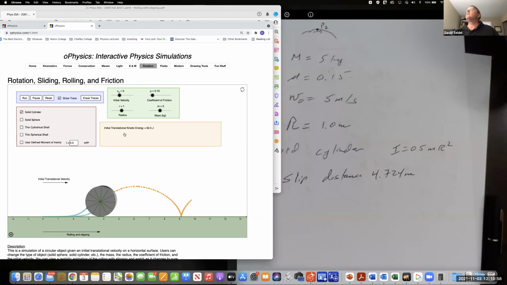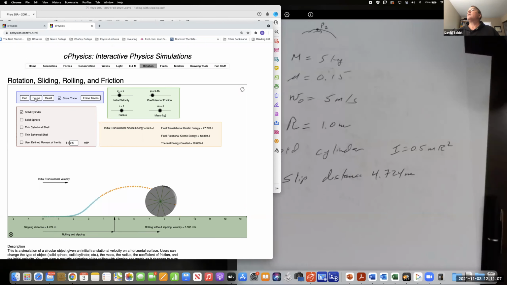Run. Reset. Erase traces, run. Okay. Here the initial velocity was right here, 5 meters per second. Here's your center of mass velocity, 3.33 meters per second.